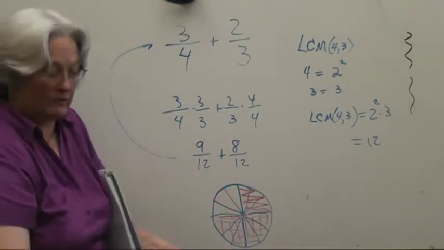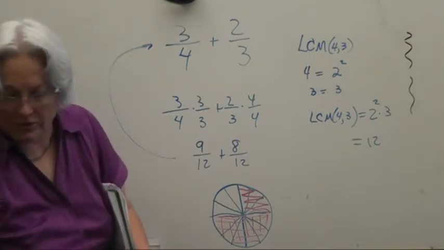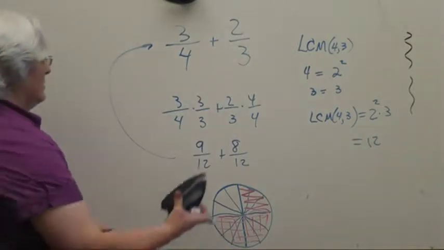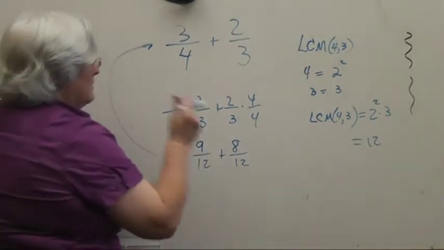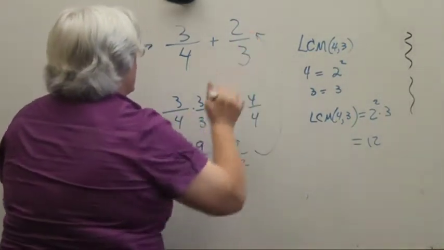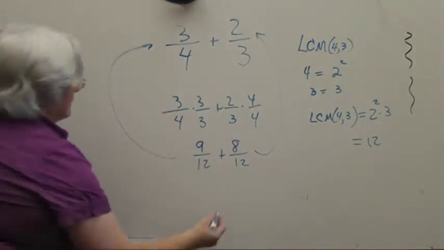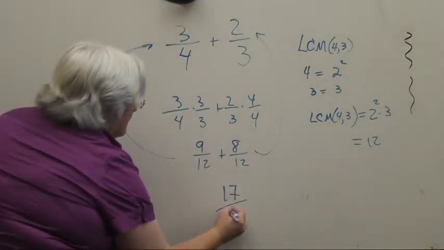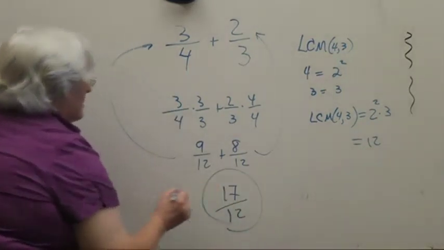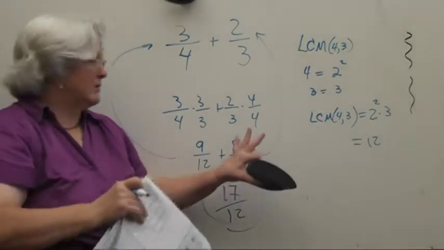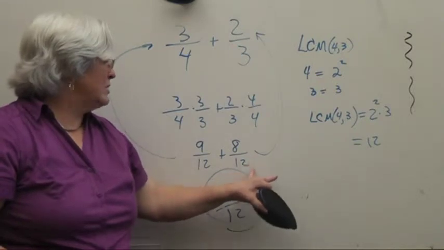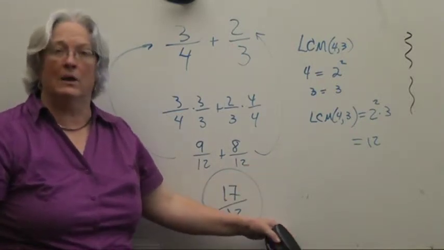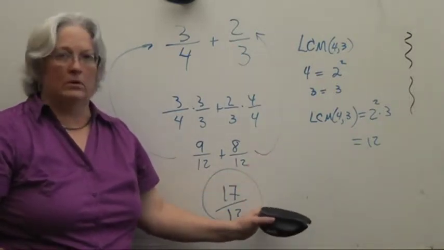So those are equivalent fractions. Their form is different, but they represent the same amount. So when you add 3/4 plus 2/3 together, you have 17/12. That's your answer. There are no common factors in the numerator and denominator. You do not need to convert this into a mixed number.